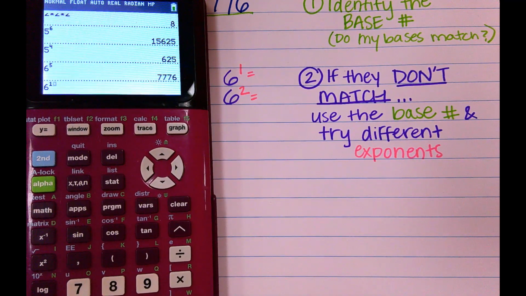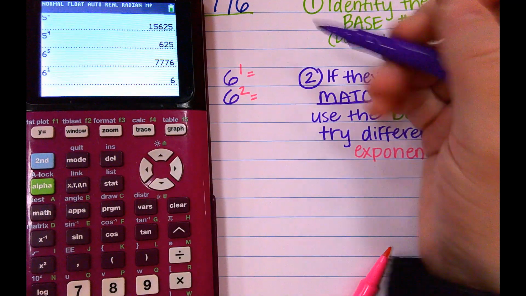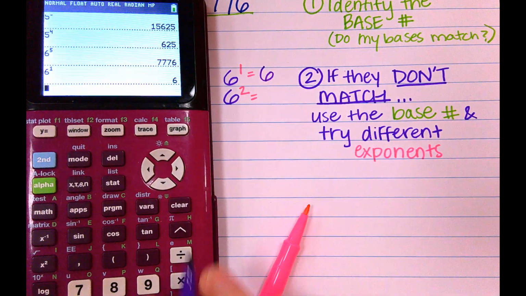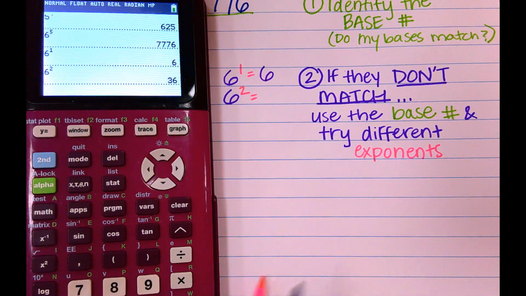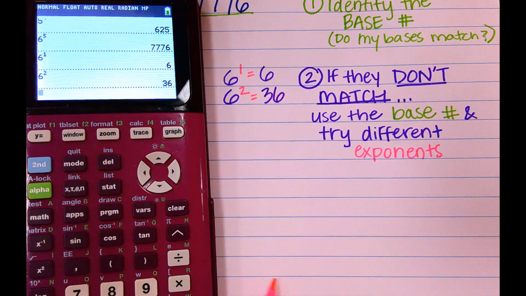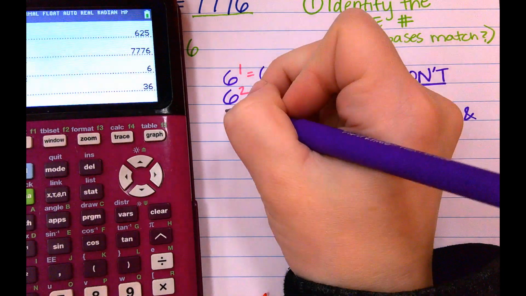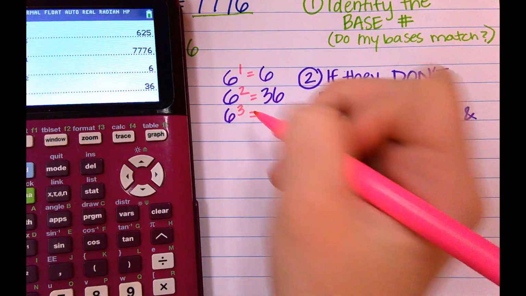We'll try 1, enter, we get 6. That's not what we want. Now let's try 6 to the second power, and we get 36. That's not what we want. Let's try 6 to the third power.